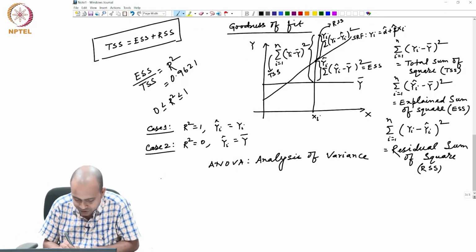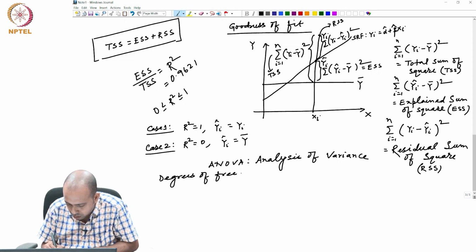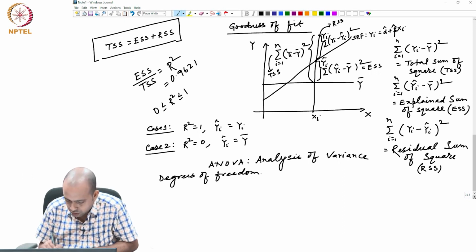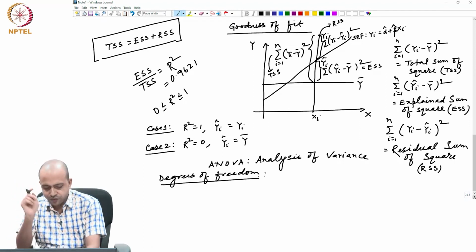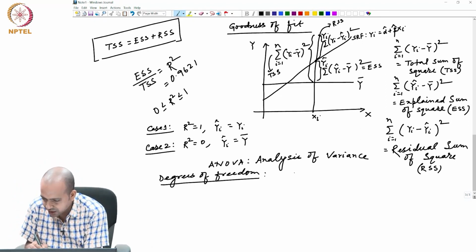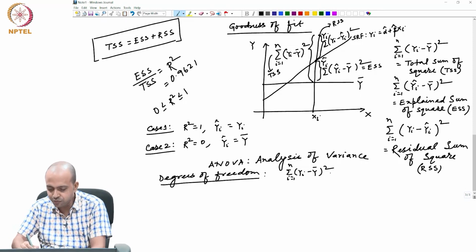Now, how do you know the degrees of freedom? For any particular measure, for example, let us say I am trying to understand the degrees of freedom for the summation of yi minus y bar whole square, i running from 1 to n. How do you define degrees of freedom?